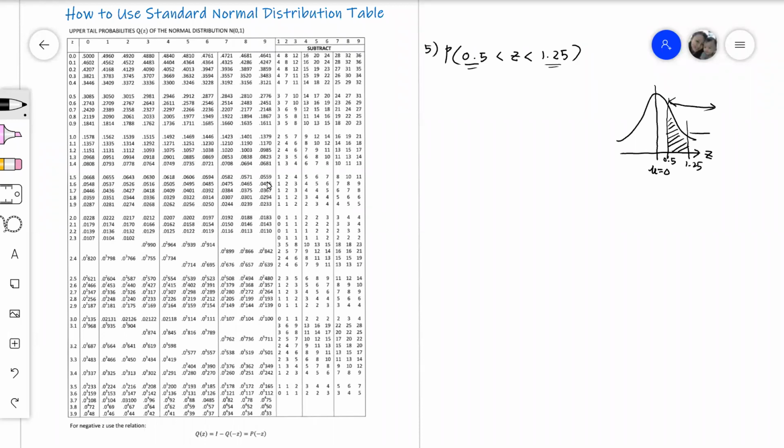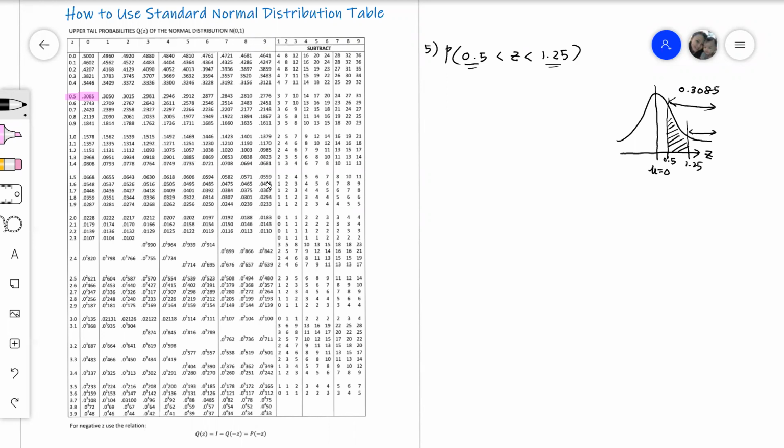And if we find 1.25, we will get the area of the non-shaded part on the right side of 1.25. So let's find 0.5 first. Where is 0.5? It is here. There is no second decimal place, therefore this will be the value that we want right away, 0.3085. 0.3085 will be the probability greater than 0.5.